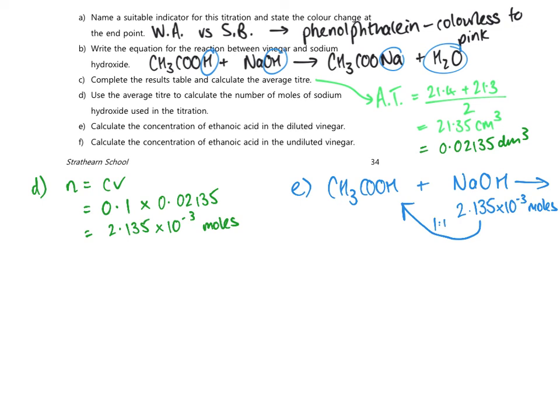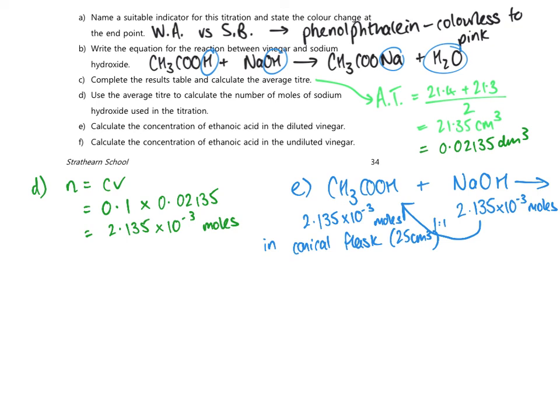That's just 1 to 1. So I know that 2.135 times 10 to the minus 3 moles of my ethanoic acid reacted. Let's have a think then what volume that was in. Well, this was in your conical flask. So that's 2.135 times 10 to the minus 3 moles in your conical flask, which was 25 centimetres cubed of the solution.